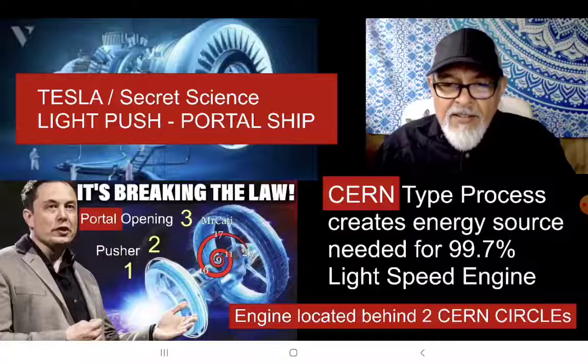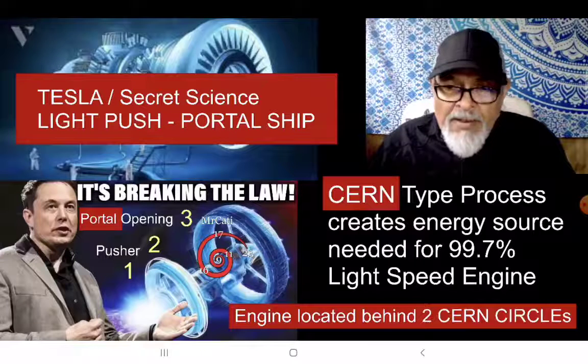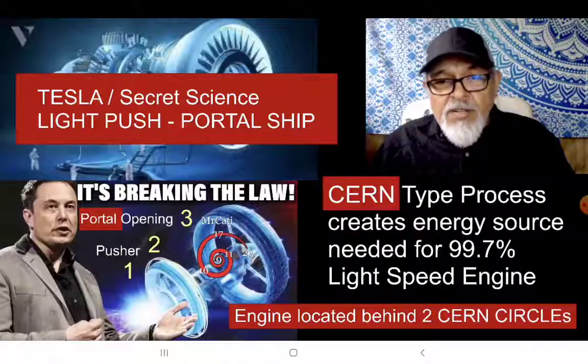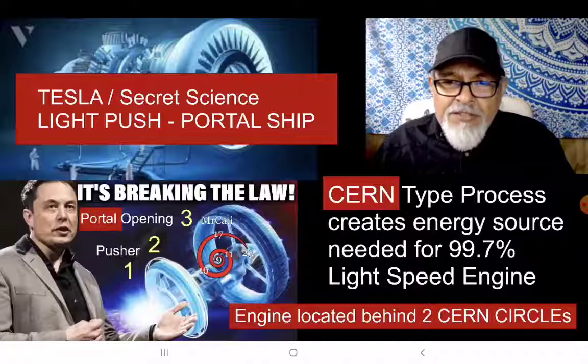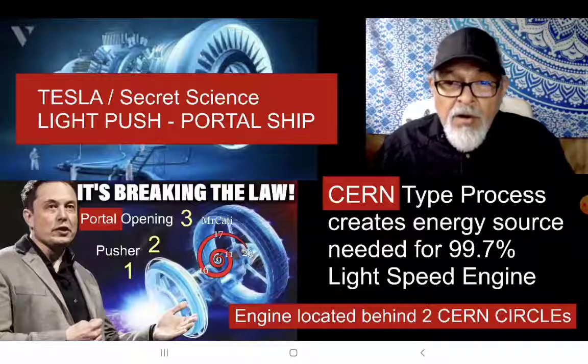that are then fed to the second ring closest to the engine, where if you read the technical details of how this engine works, once the particles are produced through the initial CERN ring, the second CERN ring applies an energy, frequency, and vibration to those particles.